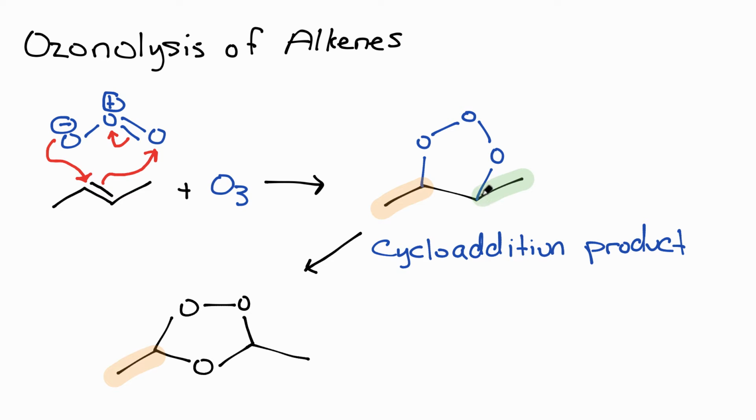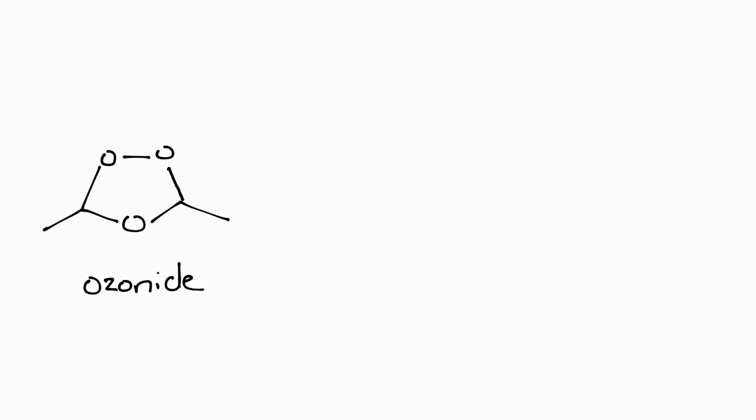Here are the other 2 carbons of the alkene which end up here. So during this transformation, this carbon-carbon single bond actually got split.